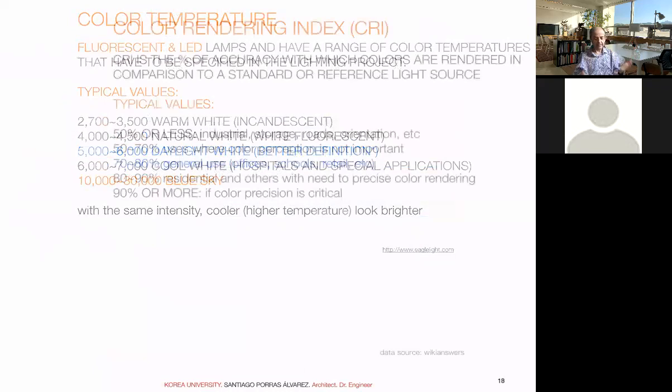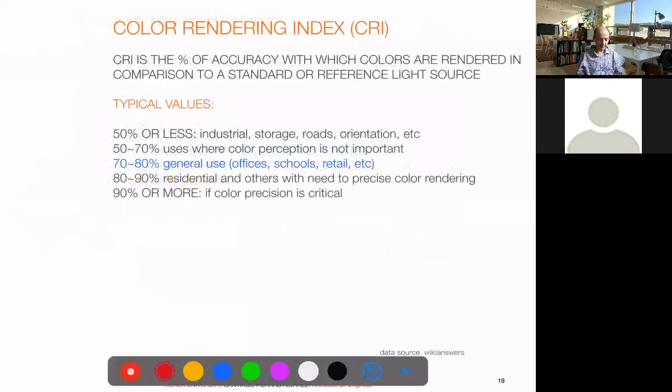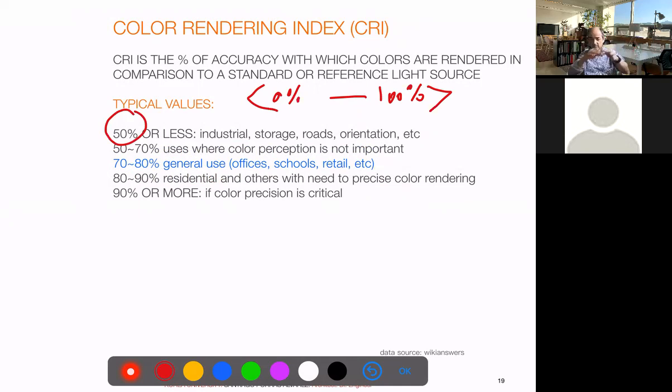Then the rendering index, of course, 0% will be no color at all, and 100% will be perfect as daylight. We don't go so far in the range. Usually less than 50% is for lights used in storage, corridors, streets, highways, where we just need light to see the silhouettes, the bulks, but not really the colors.